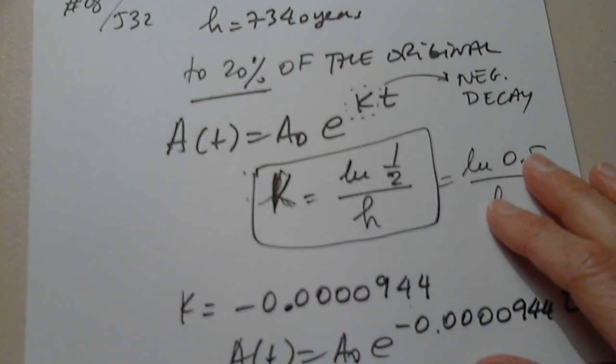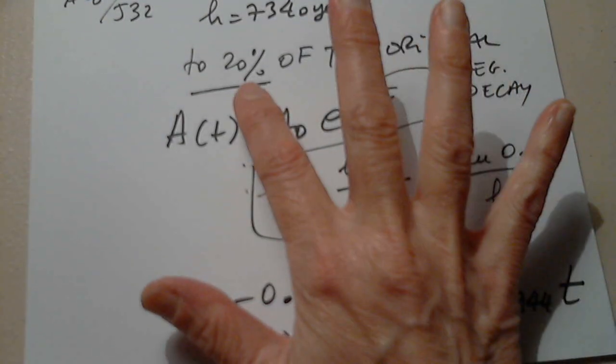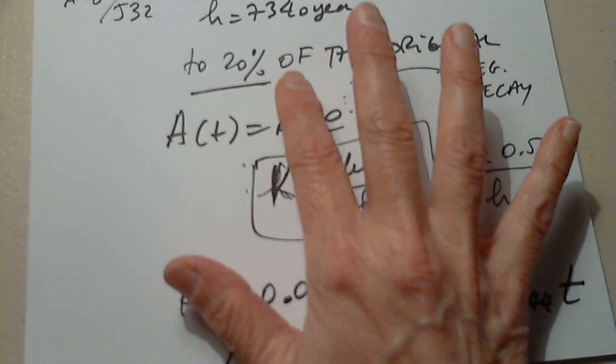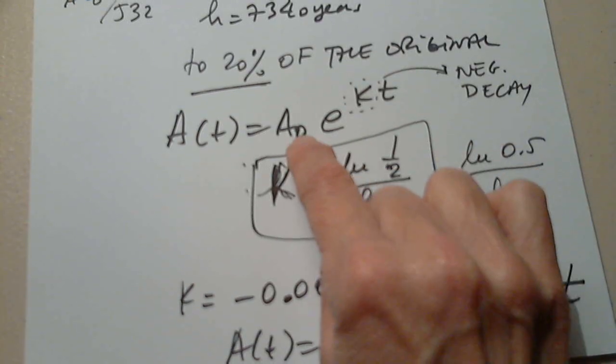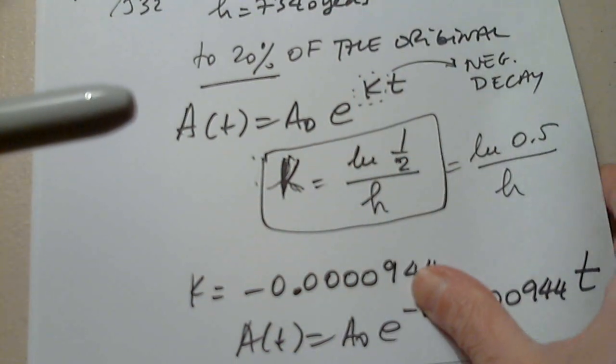So I will replace A of t by 20% of the original amount, create an equation, and find t.